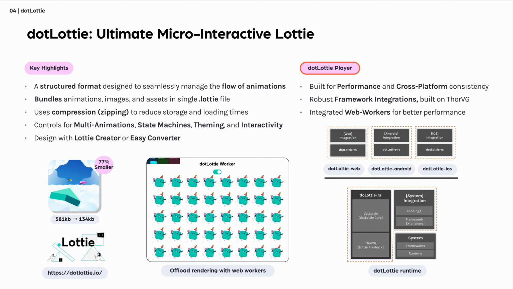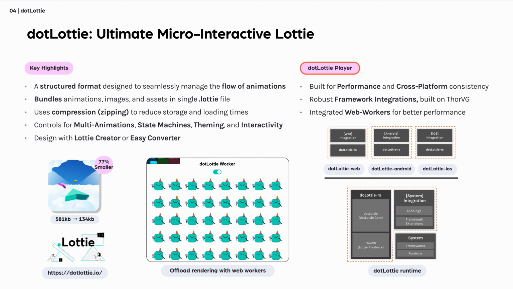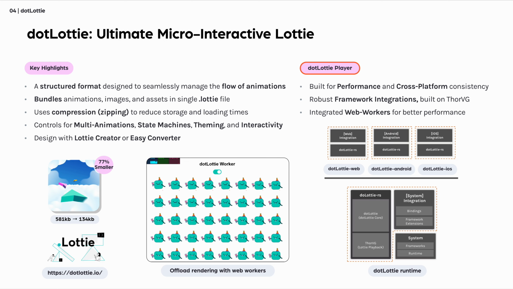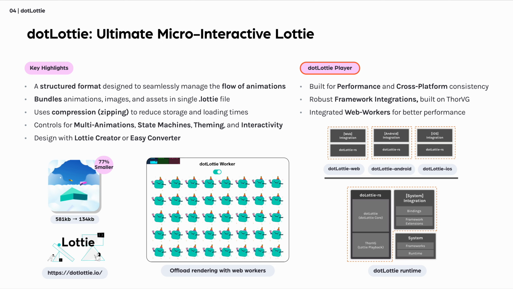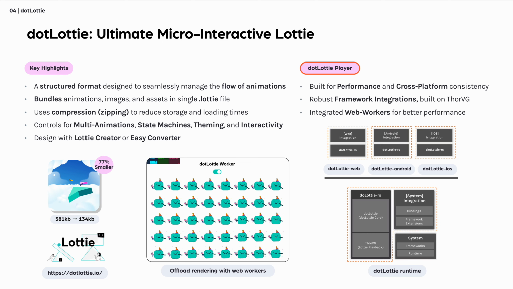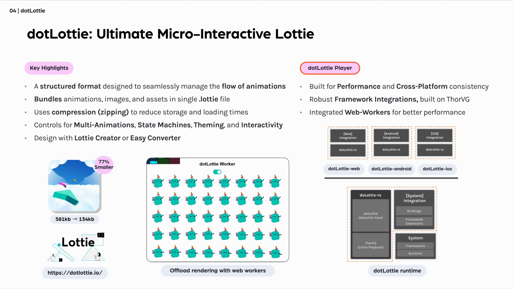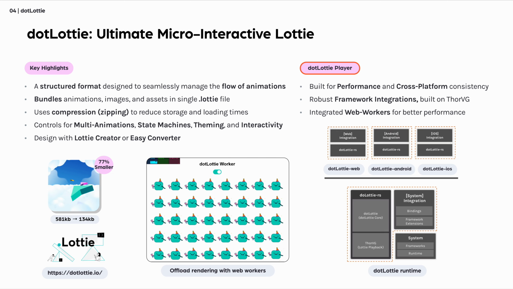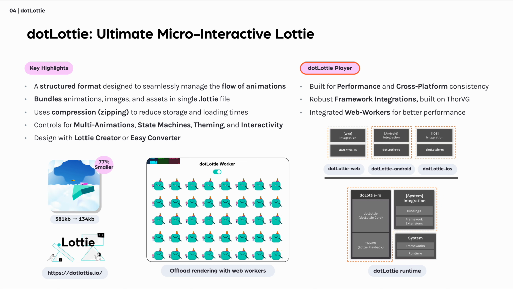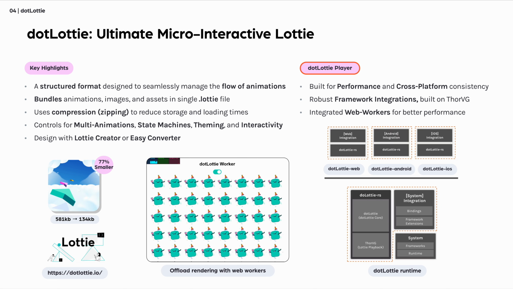Also, since it's built on ThorVG, DotLottie ensures consistent rendering quality across platforms. It also directly integrates the animation loop and event system over a target platform instead of applications. So apps can easily use the DotLottie player just like a simple UI controller.